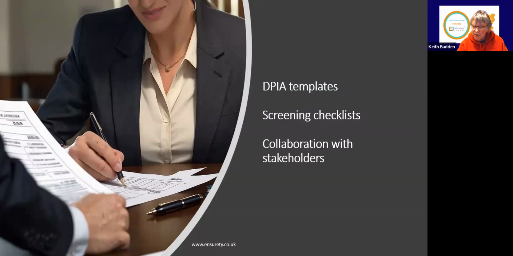But you might well also need to speak to your senior management team. You might also need to speak to your legal team because there might be situations where technically a procedure is fine, but it has some legal hurdles. So all of those parties need to be involved in the DPIA.